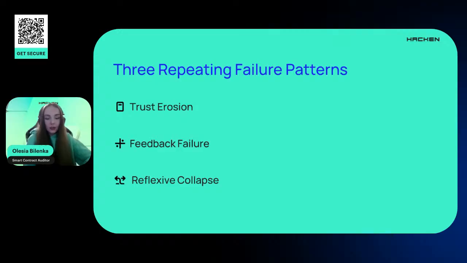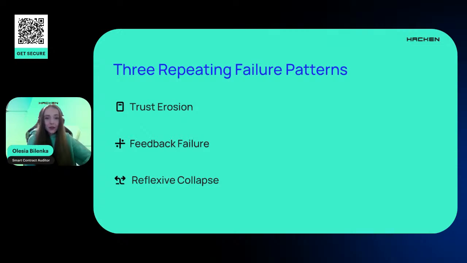And the last but not least, reflexive collapse. It happens when panic feeds itself and makes things worse. So together, all these 3 patterns show us why stability keeps failing, just in different ways and different scales.